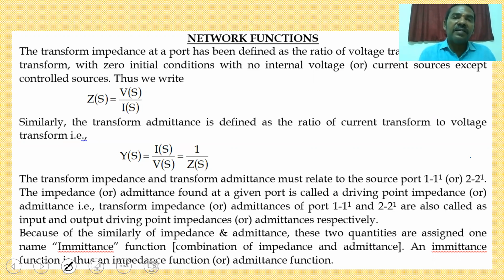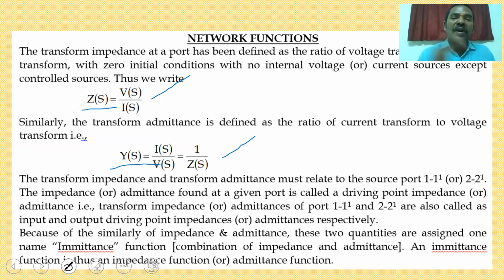In this condition, you never take any initial conditions of the inductor or capacitor, except controlled sources, that is, dependent sources. So Z of S is equal to V of S by I of S, and similarly the admittance Y of S is equal to I of S by V of S, which is equal to 1 by Z of S. Z of S is the impedance transfer function, Y of S is the admittance transfer function.